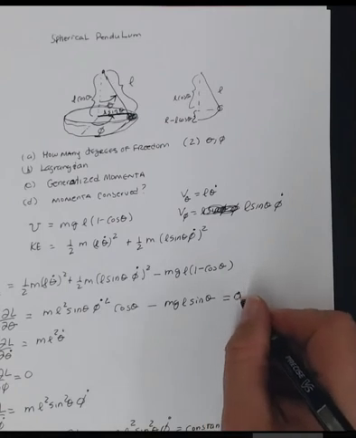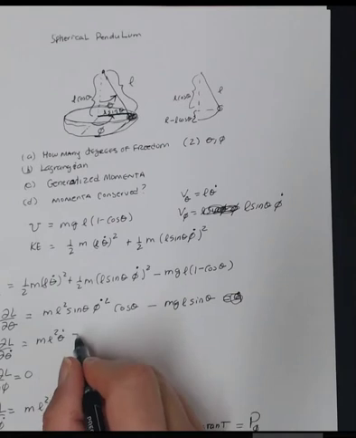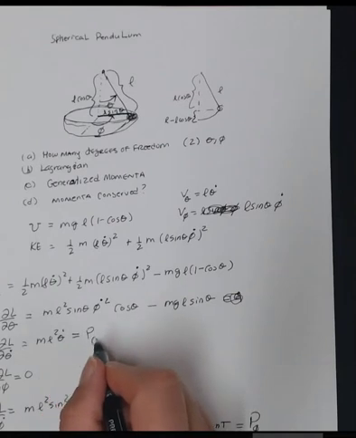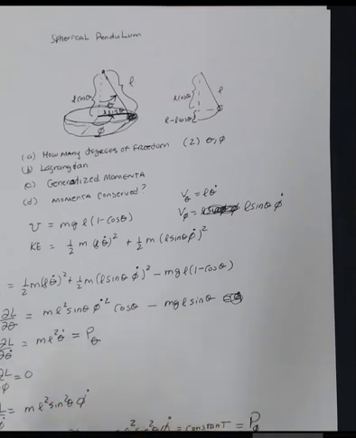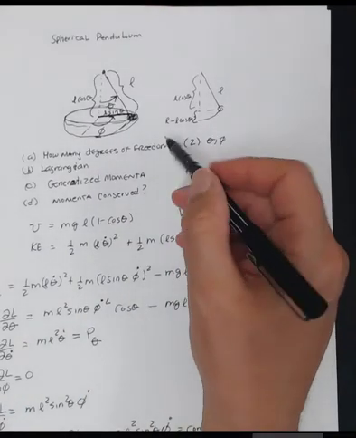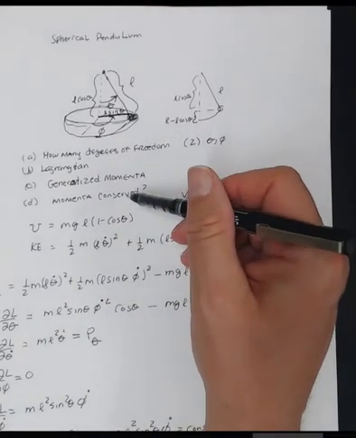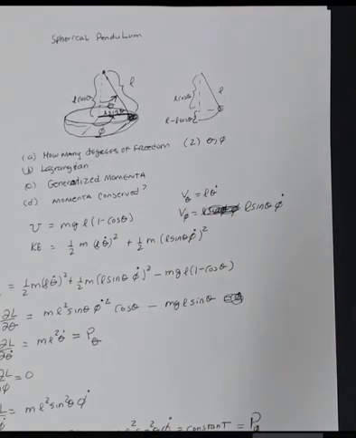Oh, I'm sorry, this is P theta. It's not a constant. So we've done A, we've done B, we found the generalized momentum, and we have found D.